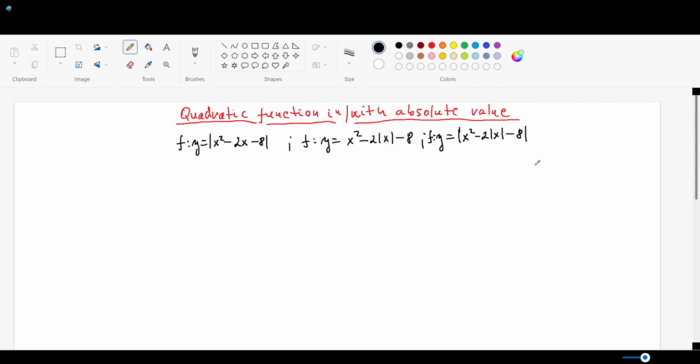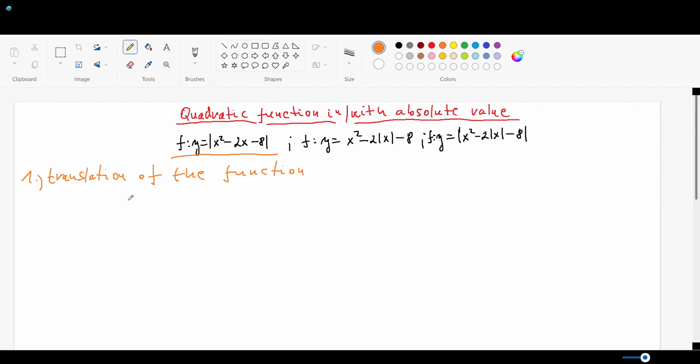As you already know from the topic when we were sketching the graph of the linear function with absolute value. So let me start with the first function, which is defined by the equation y equals absolute value of x squared minus 2x minus 8. In this case, the first approach I want to show you is to use the translation of the graph of the function.